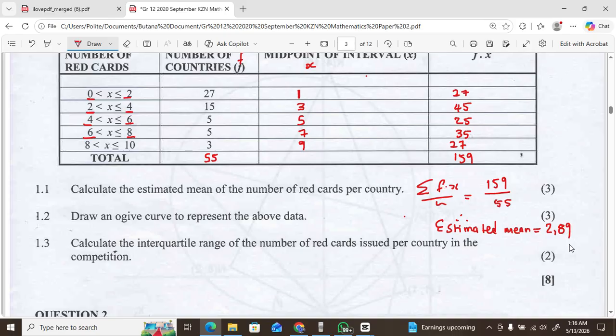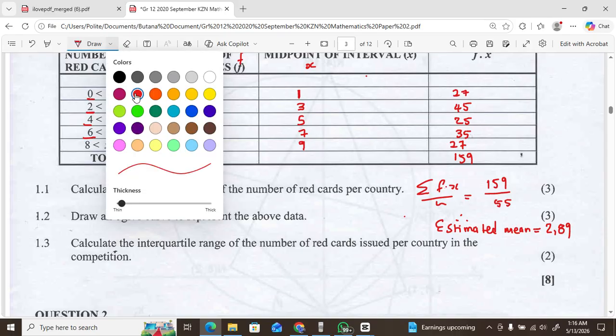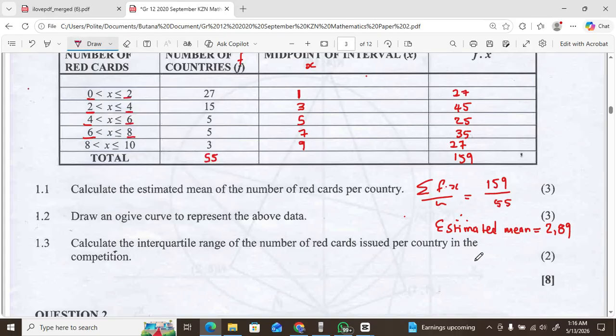Let me explain the word estimated. Estimated, you don't write 2.9. You round that to the nearest number, so you are estimating the mean. So approximately this is 3 red cards. So this will be 3 red cards. I hope you understand that part.